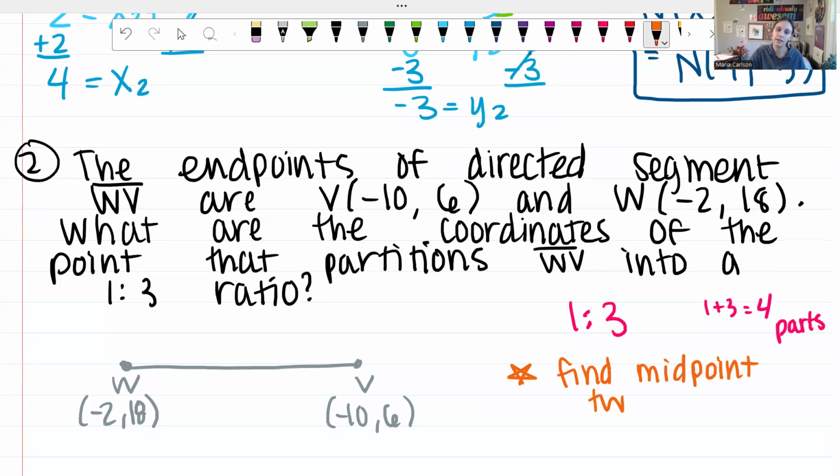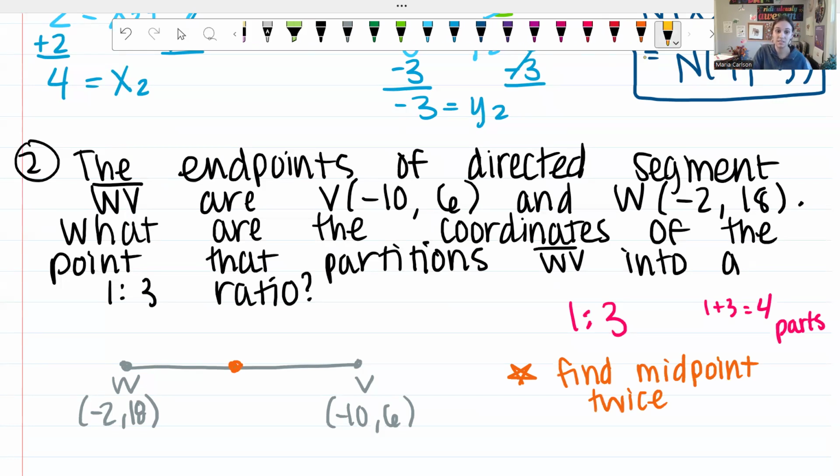So I could find the midpoint of this segment, and then I could find the midpoint. Let's see, let's call this point M for midpoint. I could find the midpoint between M and V. And this would be the coordinates that we're looking for. Oh, wrong way. I went the wrong way because from W to V, we should have 1 part closer to W and 3 on the other side.